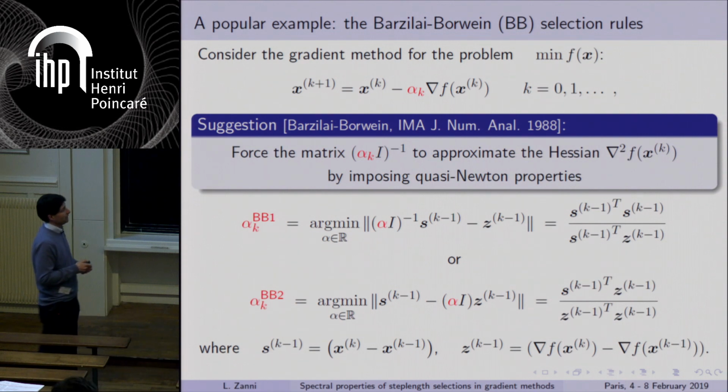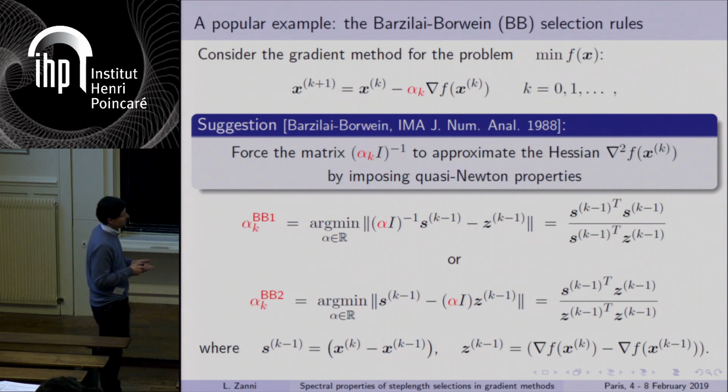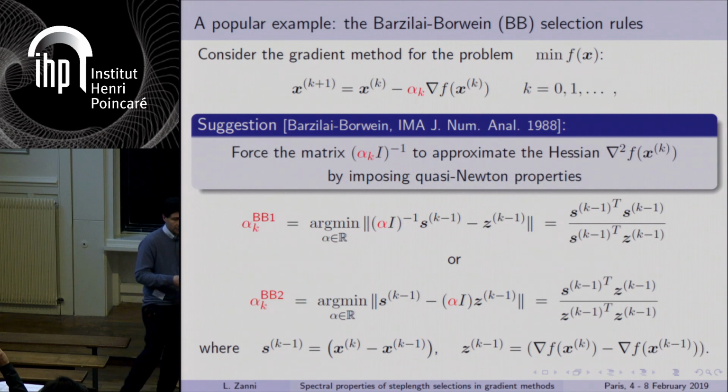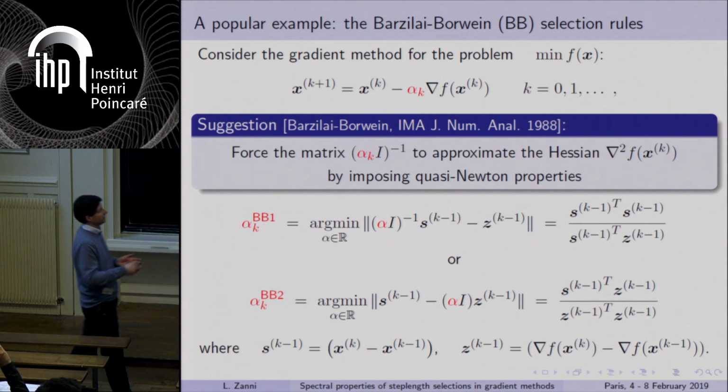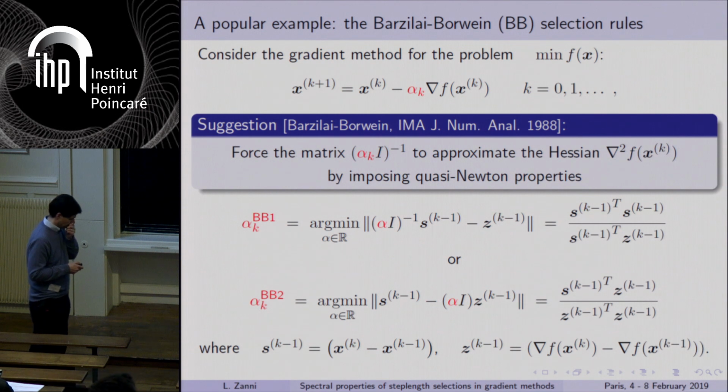In this way, we obtain two step-length rules that depend only on the differences between two successive iterations and two successive gradients. The rules are inexpensive since they exploit quantities that are already available within the iteration of the scheme, and they are able to work also in the general non-quadratic case.